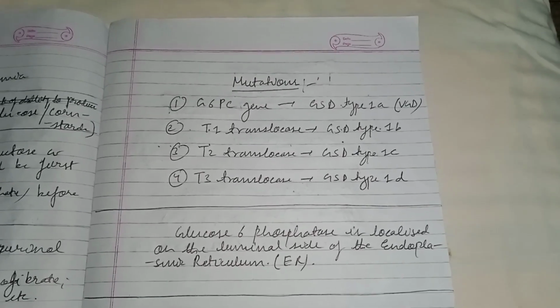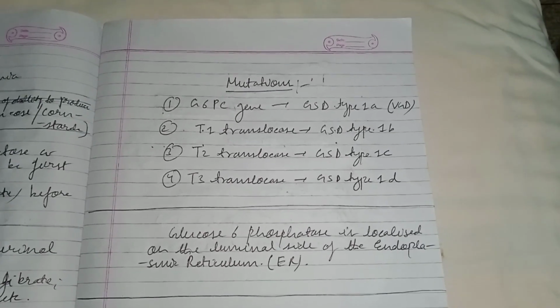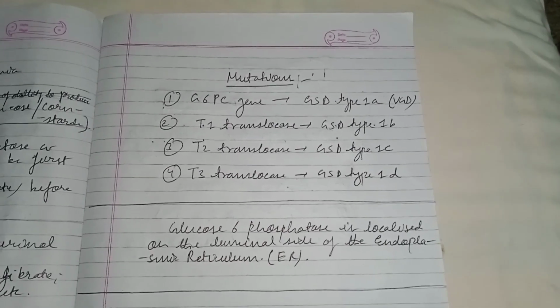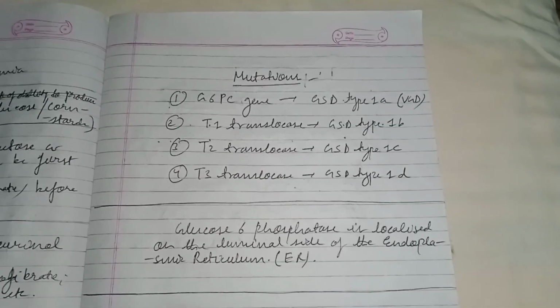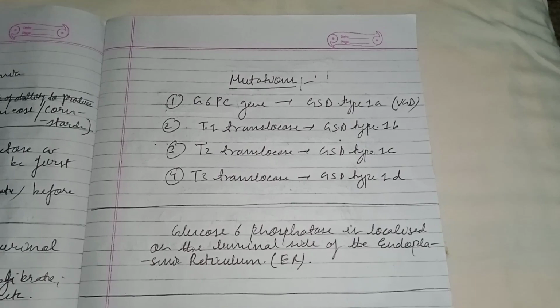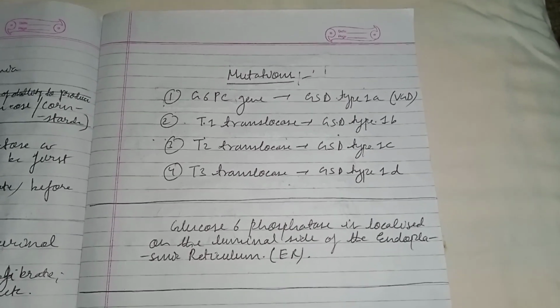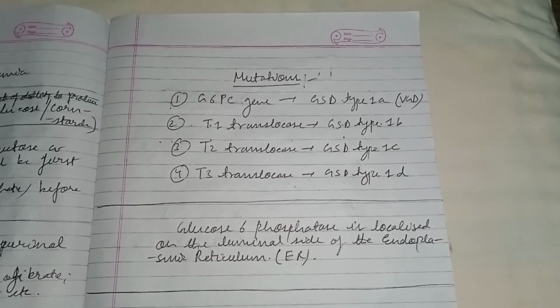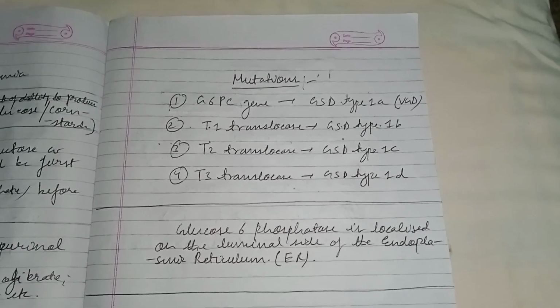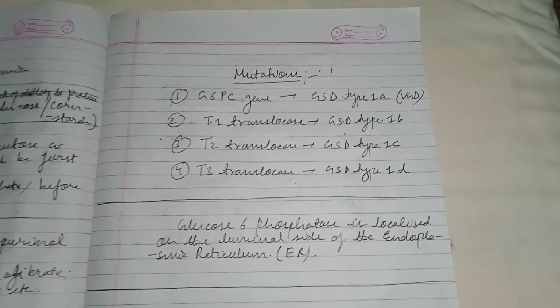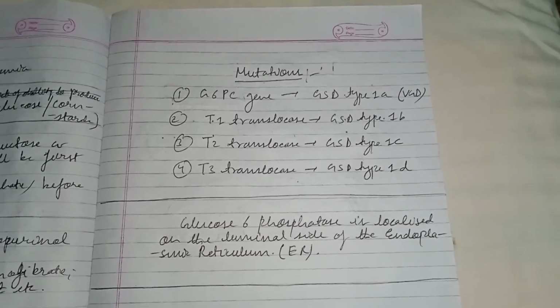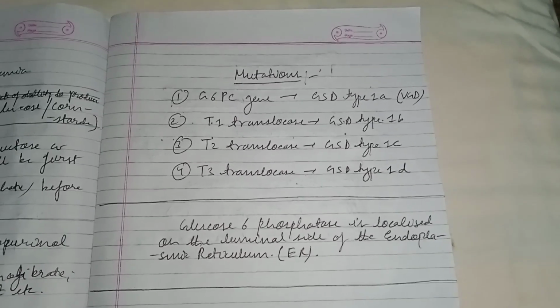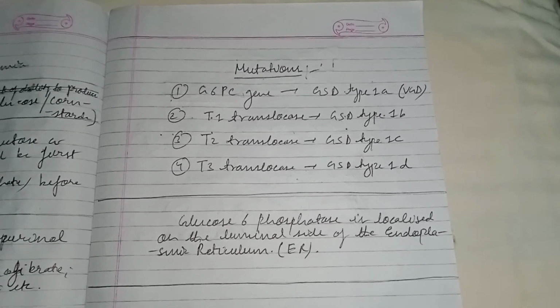Third, T2 translocase mutations cause GSD type 1C, means glycogen storage disease type 1C. And finally, T3 translocase mutations cause glycogen storage disease type 1D. Among these four types, type 1A and type 1B are the most common ones, and von Gierke disease is under glycogen storage disease type 1A.